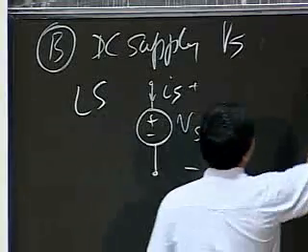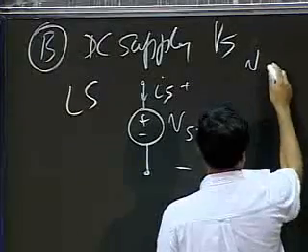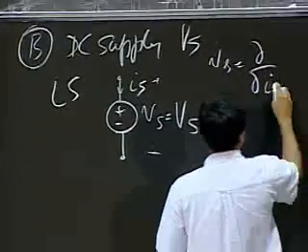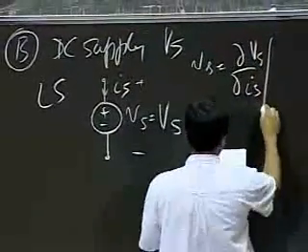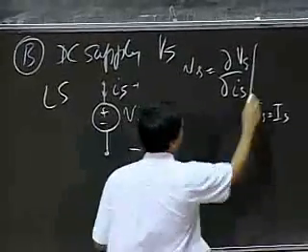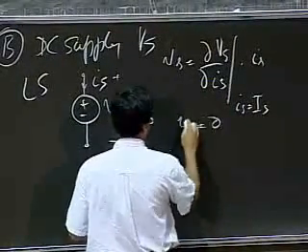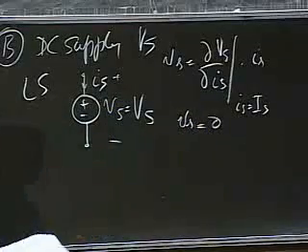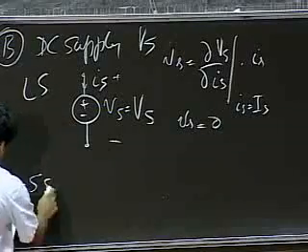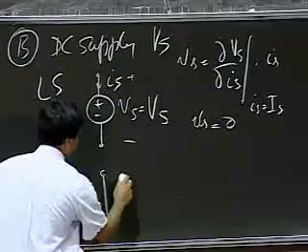Or mathematically, I can also do small vs is del Vs by del Is, evaluated at Is equals some capital Is, times small is, and therefore small vs equals 0. So the small signal model for my voltage source is simply a short circuit.